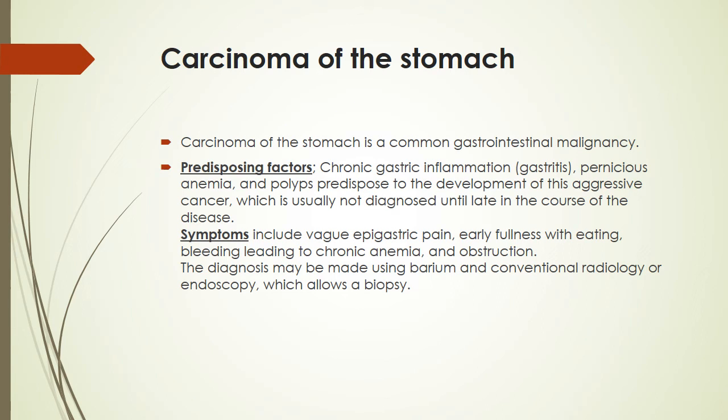The symptoms include a vague epigastric pain, then early fullness with eating, but the most common symptom is upper GI bleed, which leads to chronic anemia, and sometimes it presents with obstruction. The diagnosis may be made using barium studies or conventional radiology or endoscopy with biopsy.